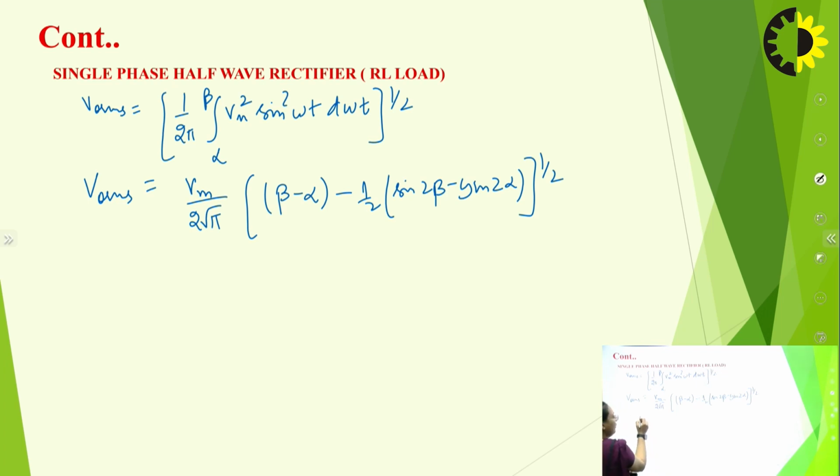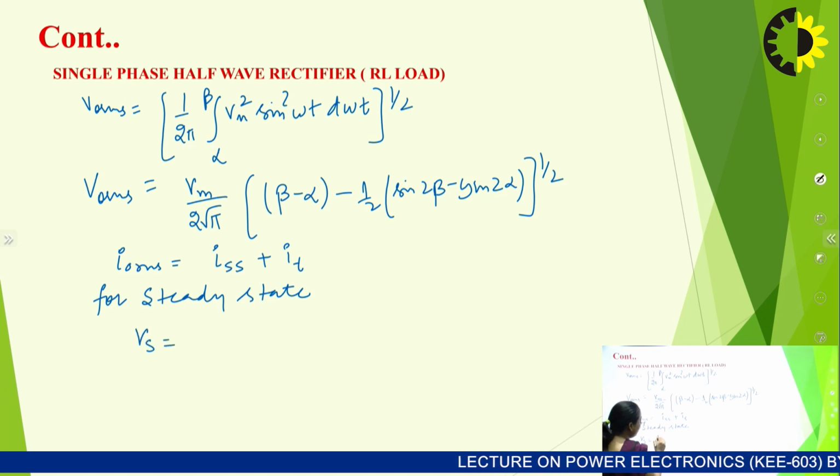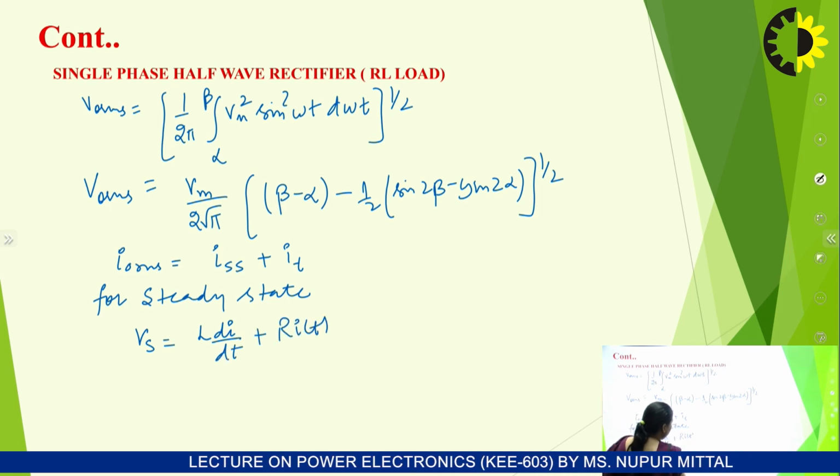So now I naught RMS, as I have told you, will have two components. One is the steady state component and one is the transient component. For the steady state component we have the equation during the steady state: Vs is equal to L di by dt plus R i.